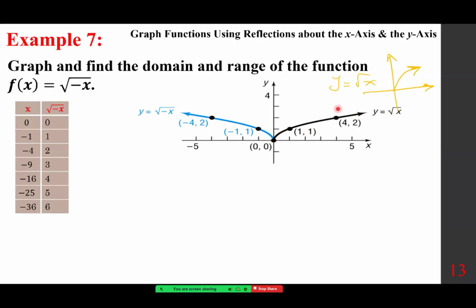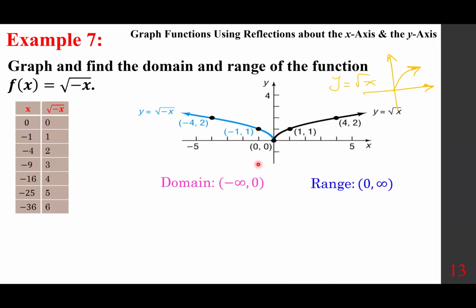You can clearly see this is the y equals square root of x, and now this is reflection about the y-axis. The domain was from 0 to infinity, but now it's from -infinity to 0. And by the way, 0 is included, everybody, okay? 0 is included. But the range hasn't changed. The range is still 0 to infinity.